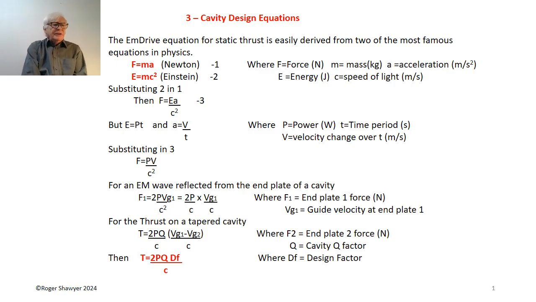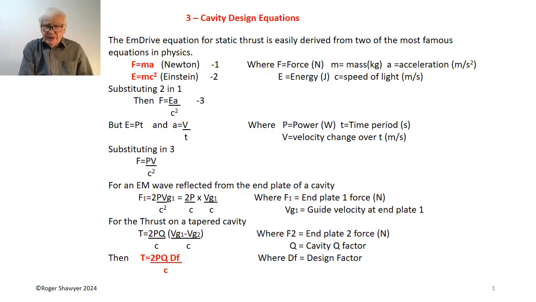Now the introduction of 2 into the equation for a reflected wave is simply because not only do you have the force in the wave itself, but you have to take into account the reaction force, when that wave is reflected without any loss.